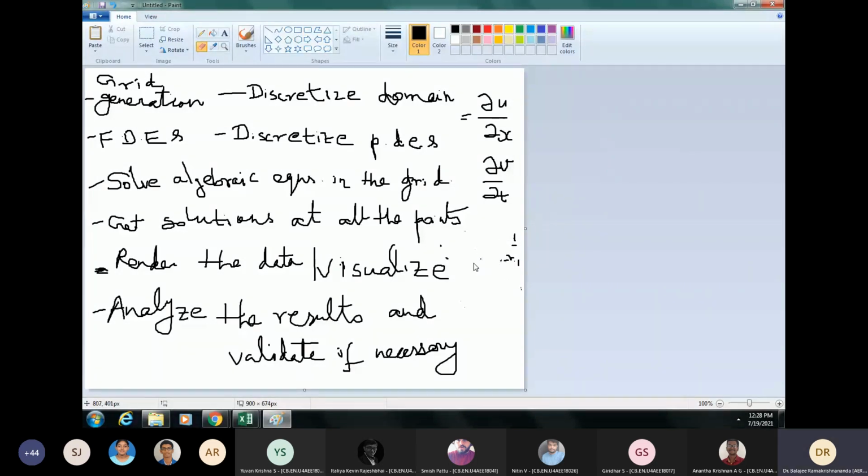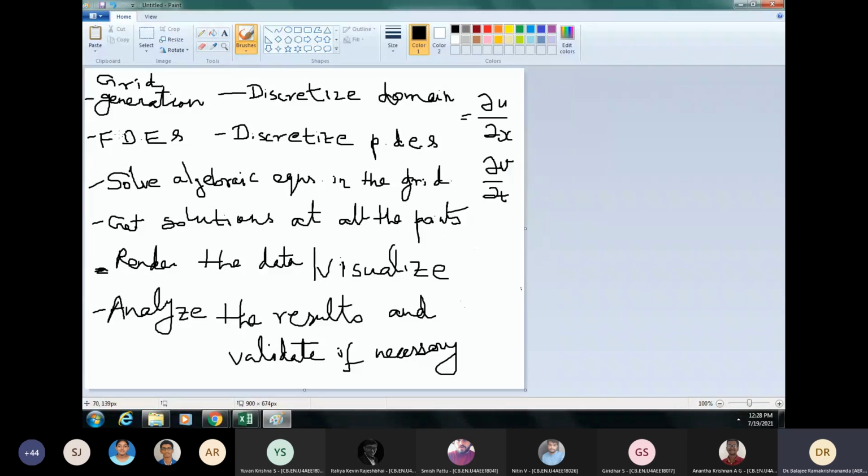All I want to say is, what was earlier a PDE is now actually an algebraic equation on the discretized domain when you want to express or simplify this PDE. Such equations are known as FDEs. FDEs are known as finite difference equations. Okay.